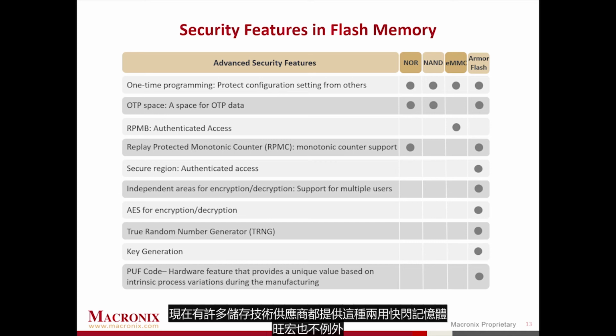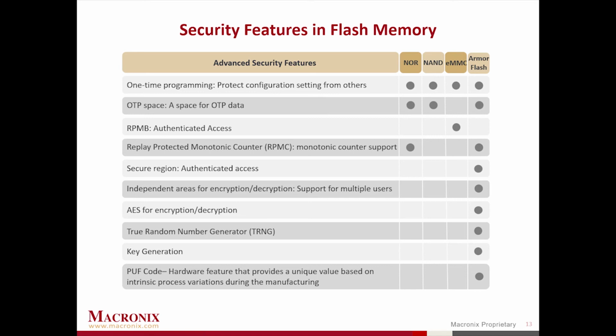Several memory providers currently offer this type of flash as a dual-purpose memory, like Macronix. This means there's a region in flash memory reserved for RPMC functionality, with the rest reserved for normal NOR flash.